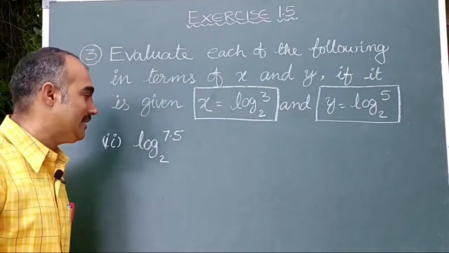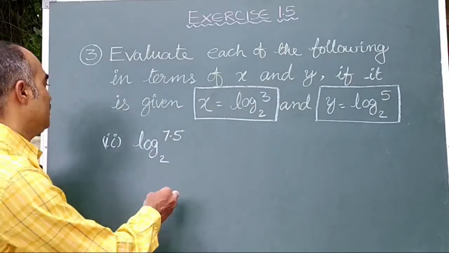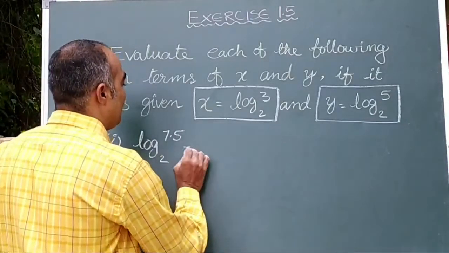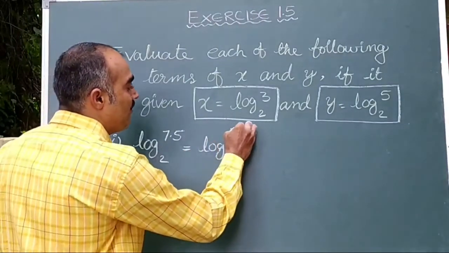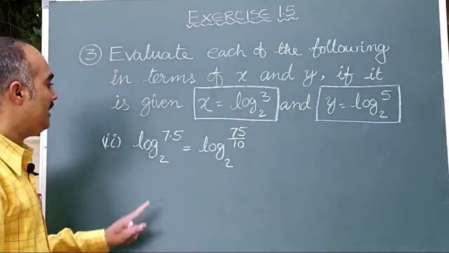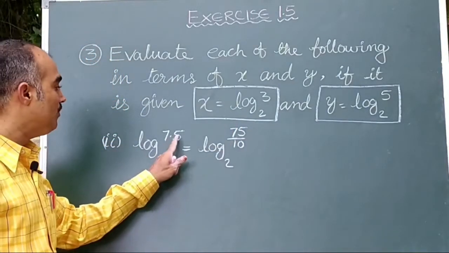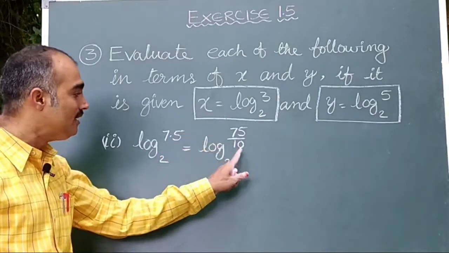Let us see the next bit, that is the second bit, log 7.5 base 2. So, here let us rewrite log 7.5 as 75 by 10 base 2 as it is. See here, after the decimal, if one digit is there, it can be multiplied by 10.